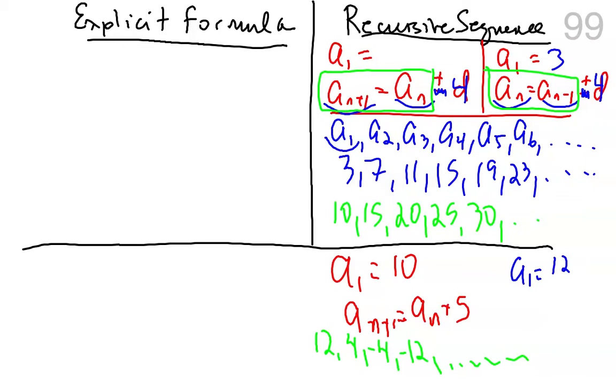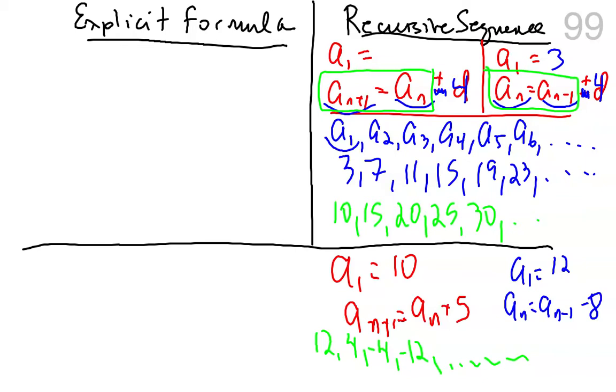And now I'm going to set the beginning up. A sub n equals a sub n minus 1. Same exact thing if you did n plus 1 and n. I just want you to be able to recognize both in case they put one or the other in a multiple choice. And what do I do at the end? What about the 8? Minus 8. Because you're going down 8 every time.